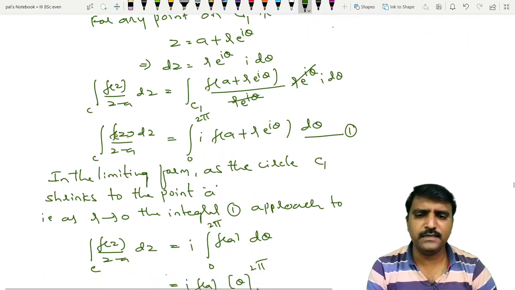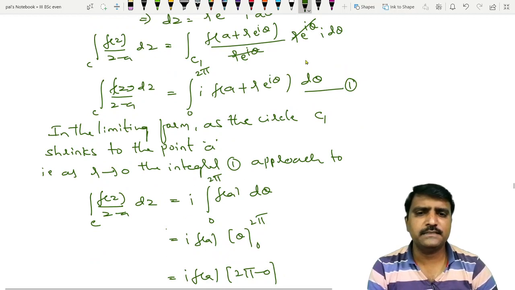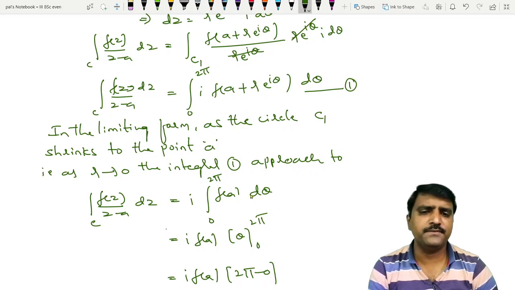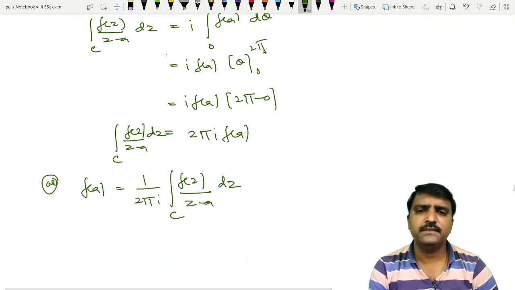If we take the limit as r tends to 0, then in this integral r becomes 0 and the remaining term is f(a) dθ. To that you apply the integration, theta from 0 to 2π, and apply the limits.